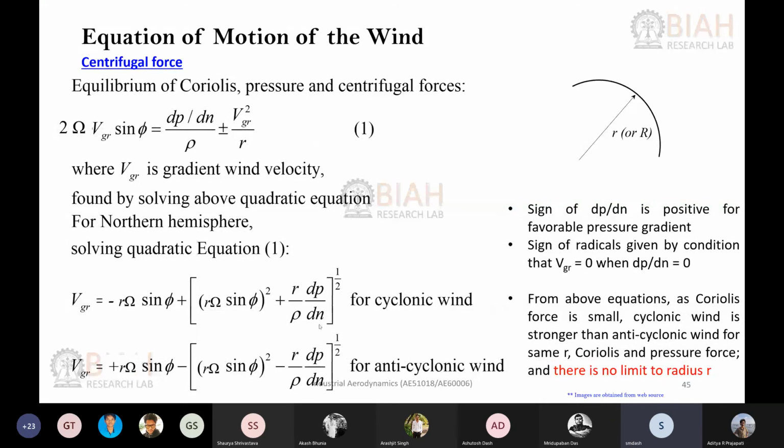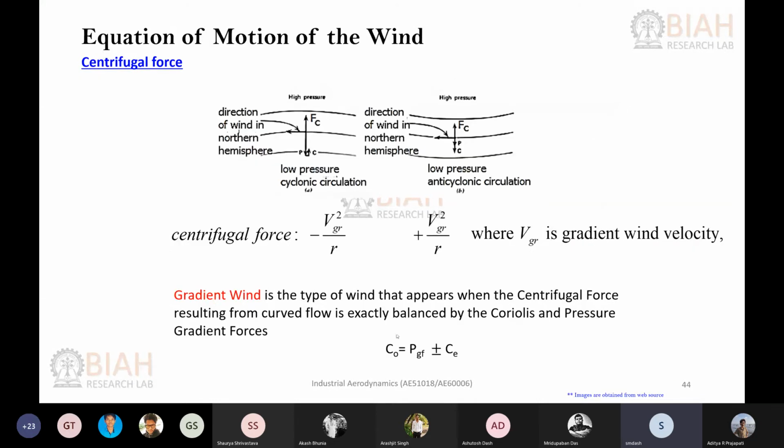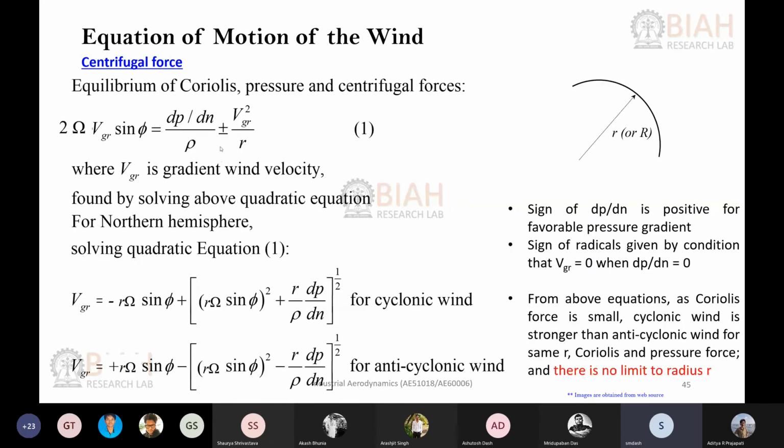So you get this equation. Now you can see that there will be two different possibilities. If you want to solve for the gradient wind, which is a balance between these three forces, you can solve this quadratic equation for the speed of the gradient wind.